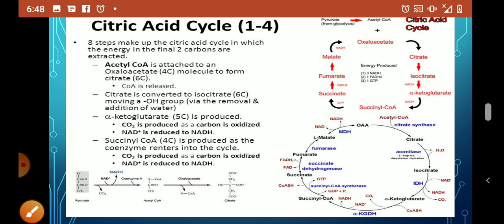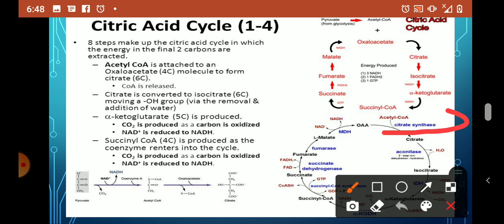When acetyl coenzyme A is added by the enzyme citrate synthetase, citrate is formed. This is called a synthesis reaction, and coenzyme A is removed in this reaction.